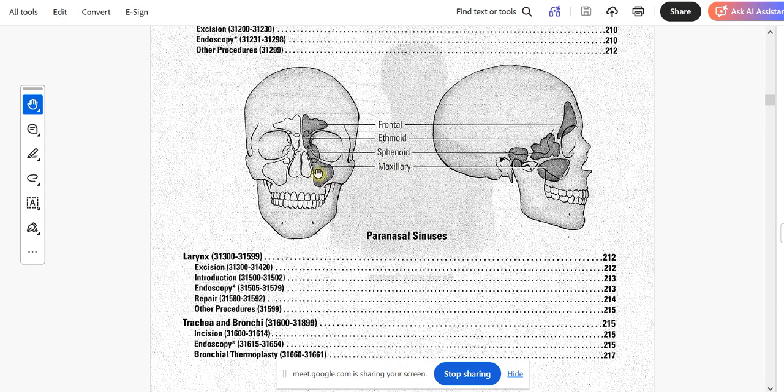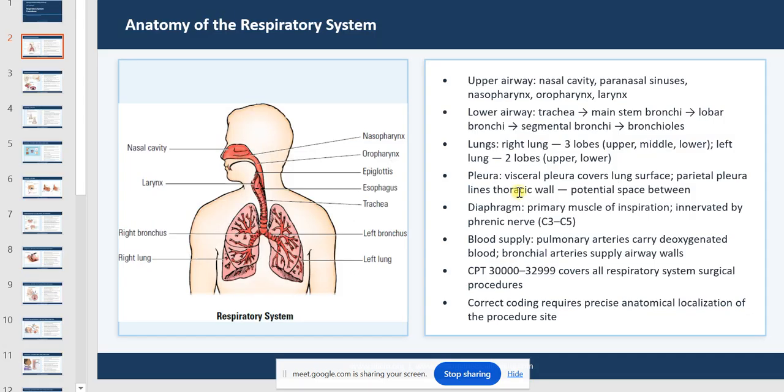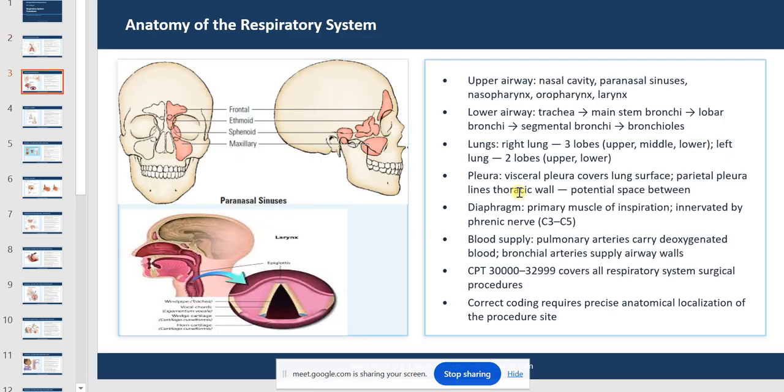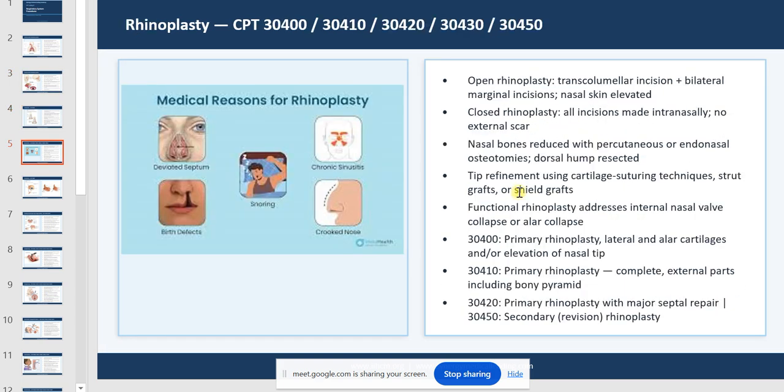The largest is the maxillary sinus. So the patient comes with severe facial pain, headache, nasal discharge, chronic cold. They do these procedures. That is nasal endoscopy.